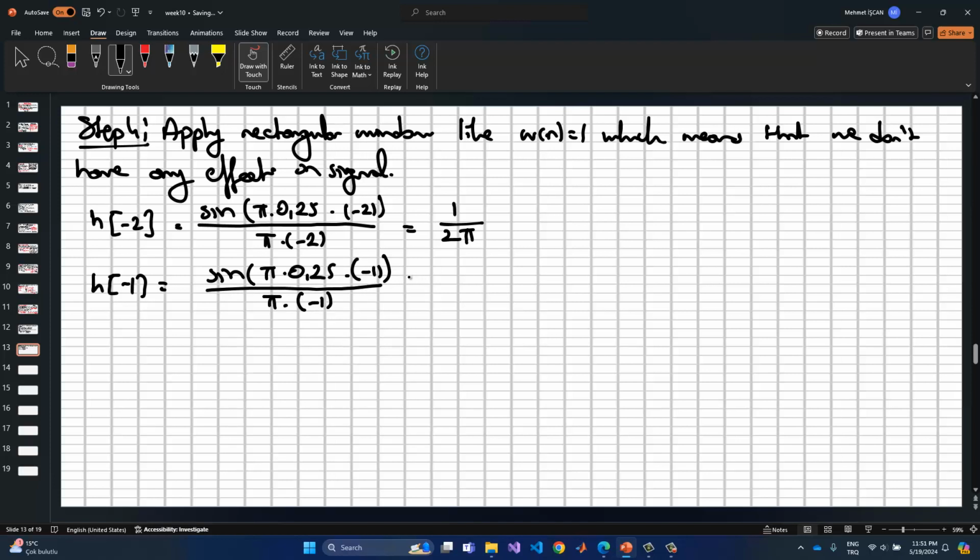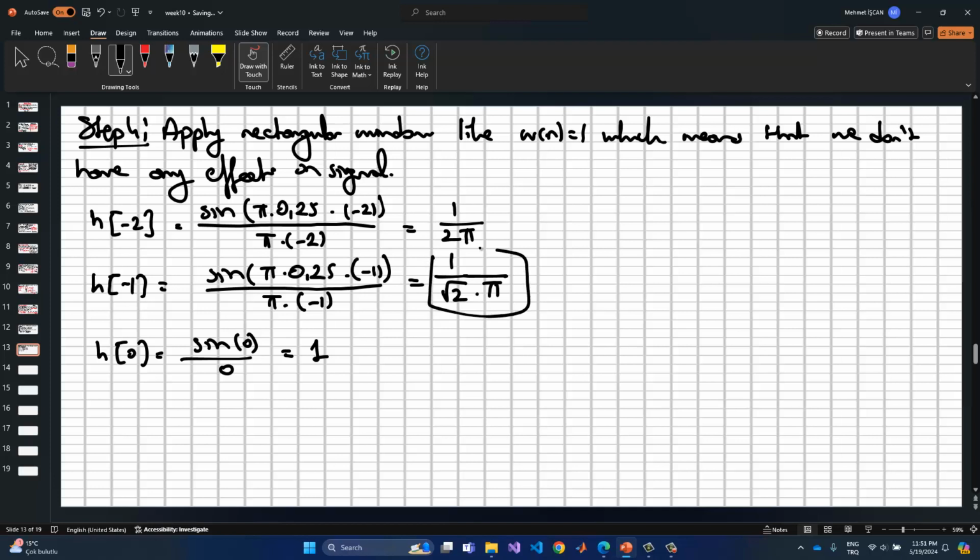And h[-1] in the same case, sin(pi times 0.25 times minus 1) divided by pi times minus 1, equals 1 divided by square root 2 times pi. And h[0] can be calculated with sin 0 divided by 0, which equals 1, coming from the limit condition, right?